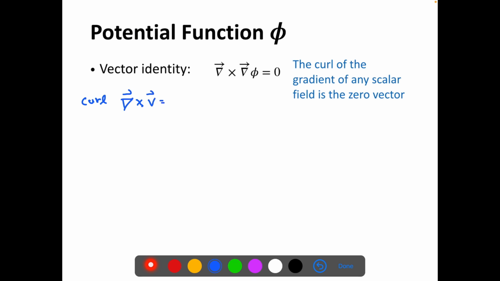So basically you have i, j and k, then del over del x, del over del y and del over del z. And in the below part you have u, v and w. The upper part represents nabla and the below part represents the velocity vector.